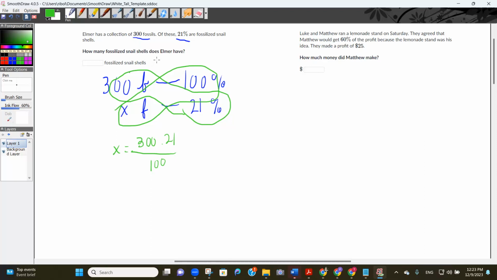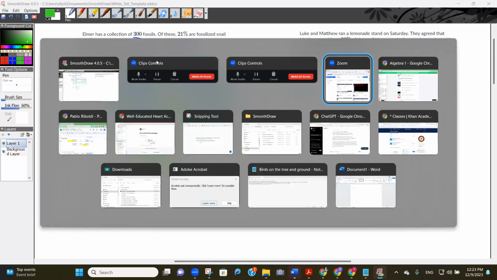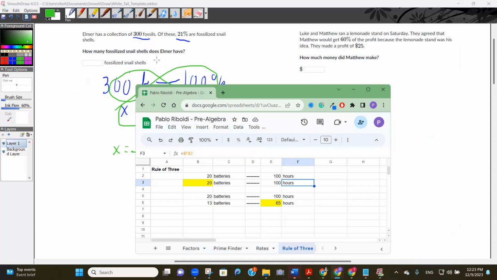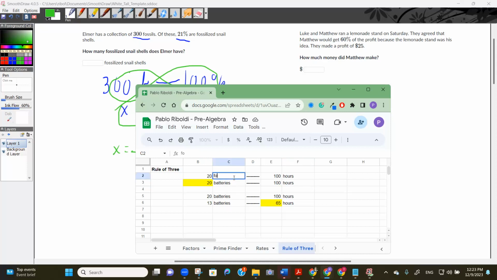We could also use the spreadsheet that we have. If we have our spreadsheet, we can change it and say, let's say here we have the fossils, and here we are going to put our percentages.